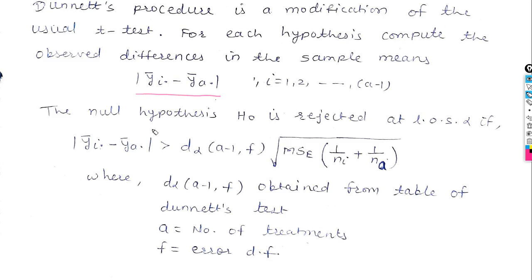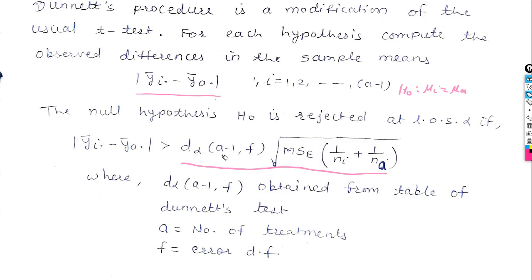The null hypothesis H naught: mu i is equal to mu a is rejected at level of significance alpha if this absolute difference is greater than this critical difference, this critical value.